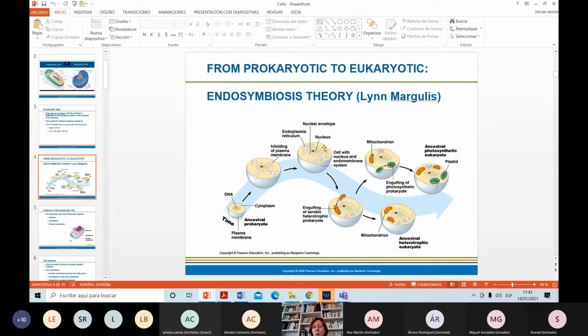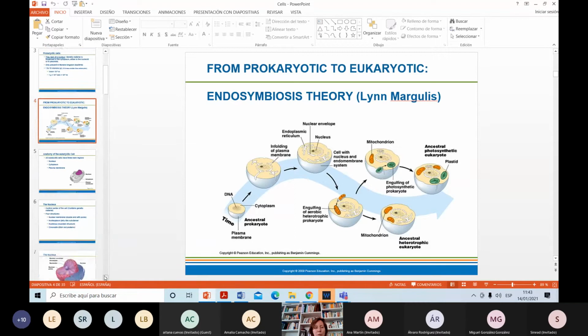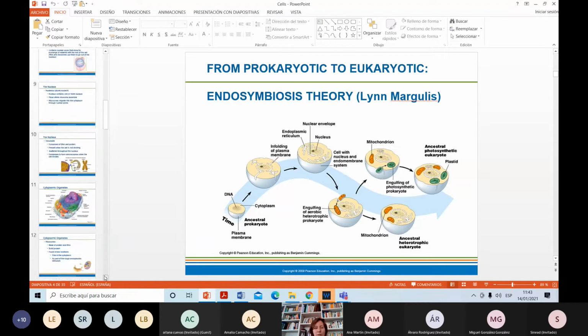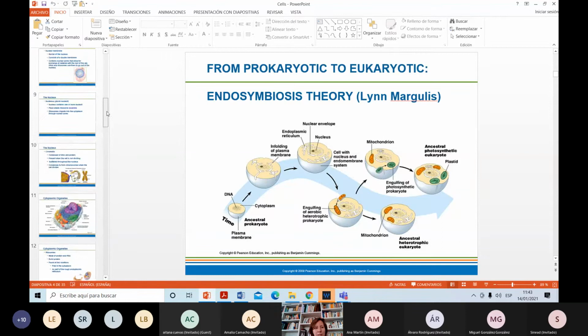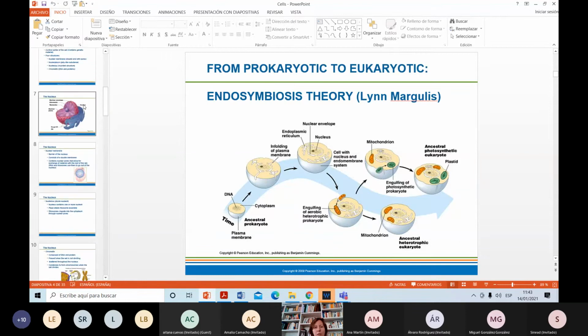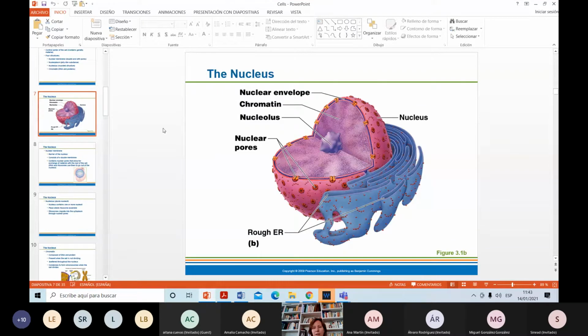Then, why did Lynn Margulis develop this theory? It's just that she had a happy idea. Well, she thought about that because of something that we've already seen. We've already seen that the eukaryotic cells have this nucleus, and the nucleus has a double membrane.